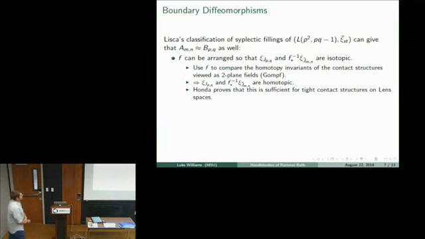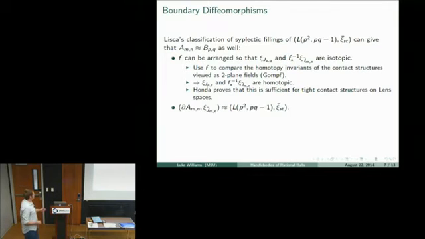But then Honda proves that for tight contact structures, this is enough because distinct isotopy classes are in distinct homotopy classes. And so once we know they're homotopic, we'll be able to say that they're actually isotopic. So in fact, this contact structure that we're getting from the Stein structure that we just cooked up on AMN actually is the standard one, which isn't too surprising, but it's still what you want to expect.